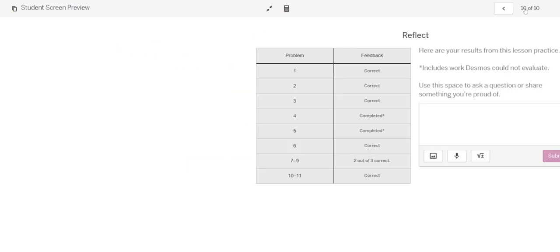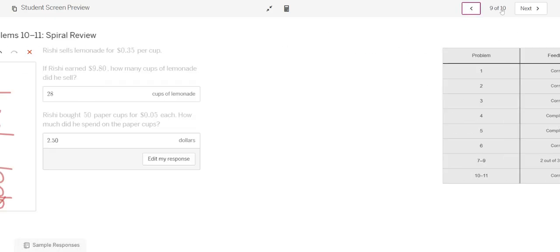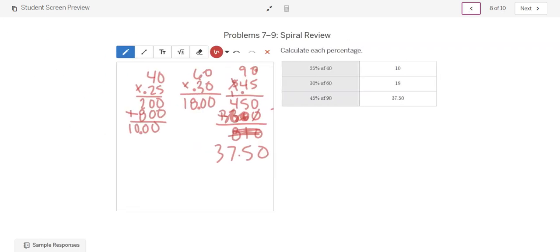Let's see how I did. Ooh, number 7 to 9. Let's go back to that one. Which one did I miss? 37.50. Oh, I know that can't be right, because 50% of 90 is 45.